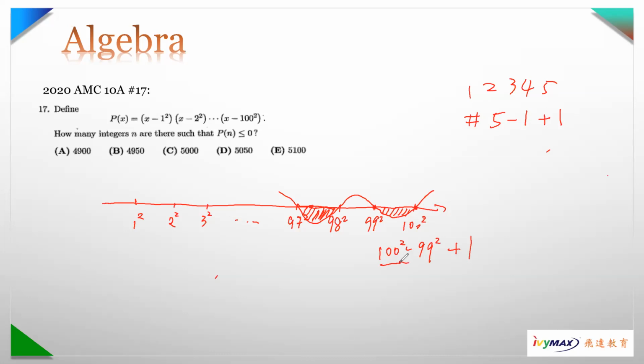This is the total amount of integers in this range. We continue for the rest. This one should be 98 squared minus 97 squared plus 1, and so on. The last one should be 2 squared minus 1 squared plus 1.